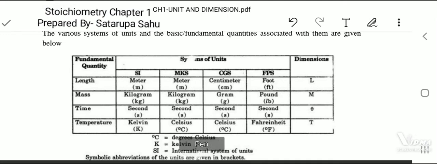Now let's come to the unit systems. There are four types of system of unit. One is the SI, another is the MKS, another is CGS, and the fourth one is FPS.